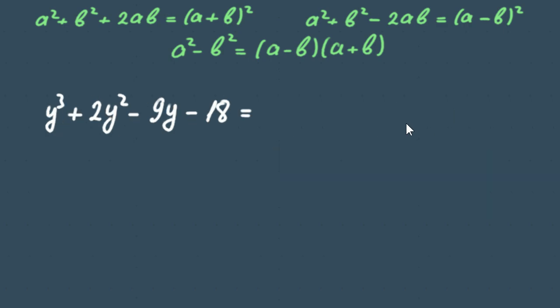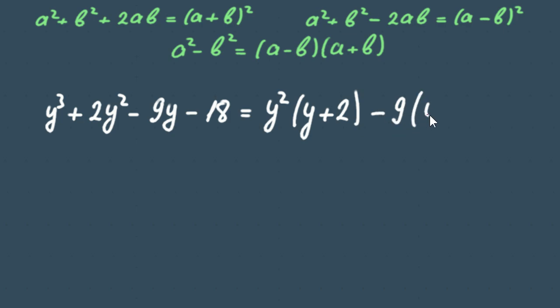To factorize the following polynomial, I will factor out y squared of the first 2 terms as a common factor outside the brackets. In brackets I will have y plus 2. From the last 2 terms of the polynomial, I will take negative 9 as a common factor outside the brackets.